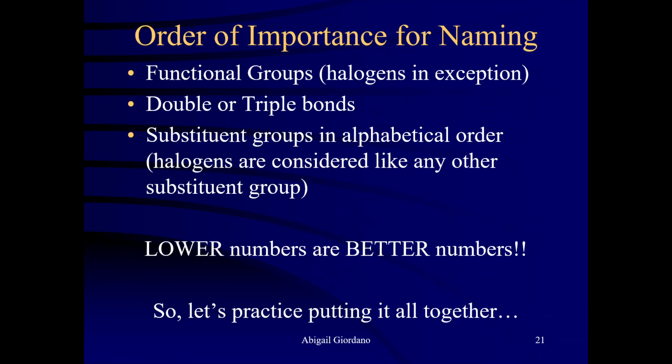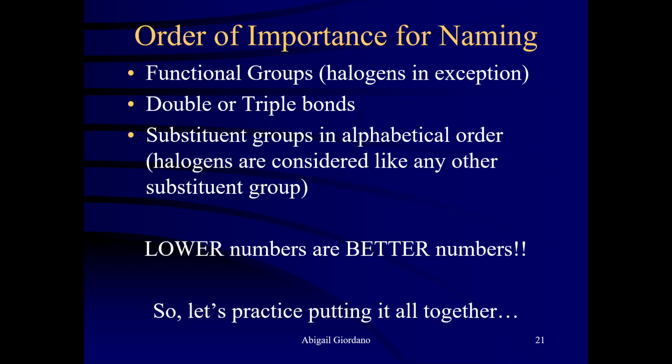Could we give you, in organic chemistry, a molecule that has a functional group? Maybe it also has a double or triple bond, and maybe it has some substituent groups, including halogens attached. That's something pretty common. You'll sometimes see chlorines or bromines or iodine atoms attached like substituents to your main chain.